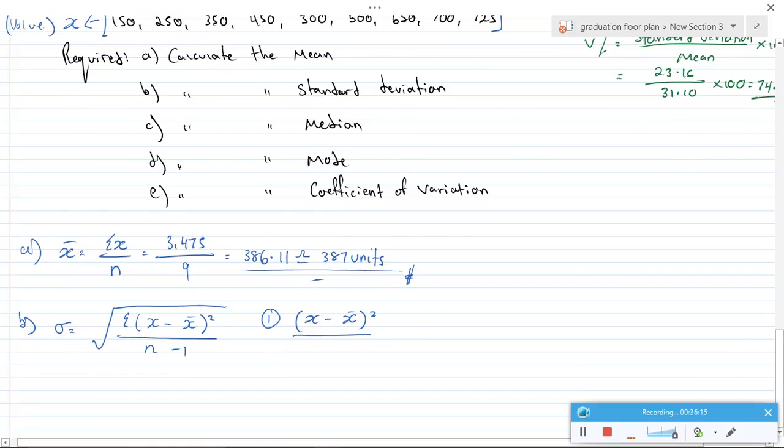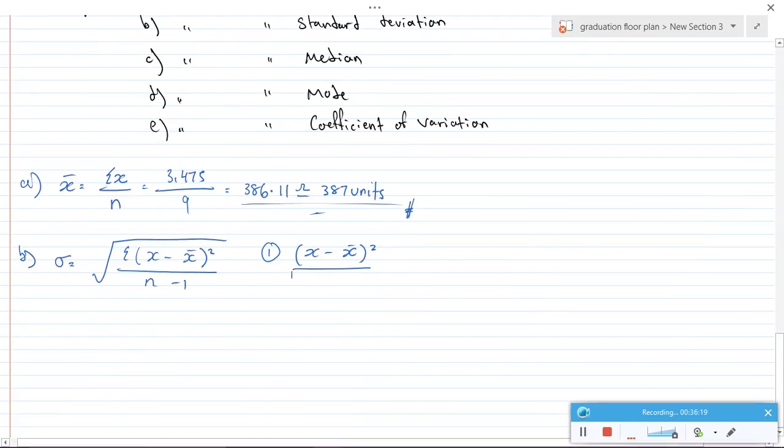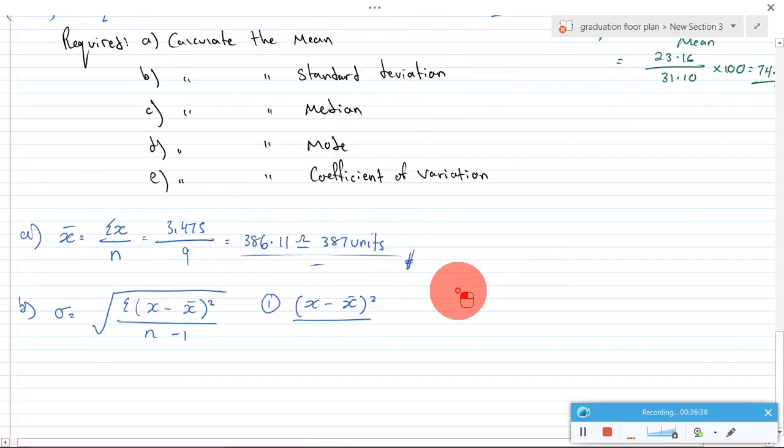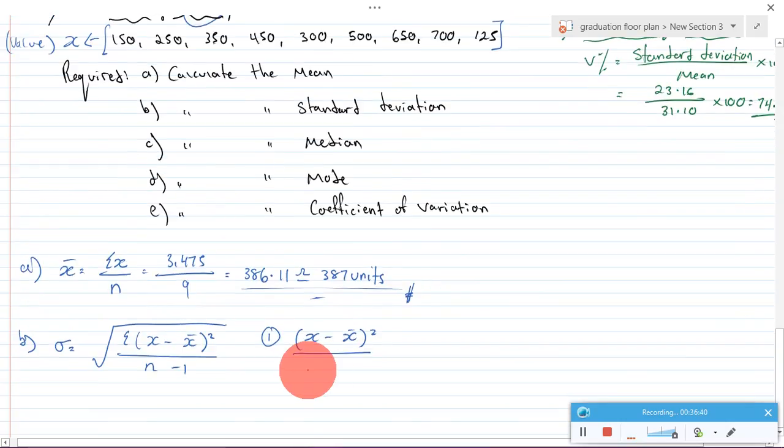Wow, this is the first time seeing this. The total is 68644. Check, is it correct so far?